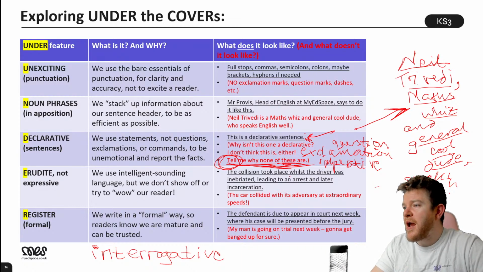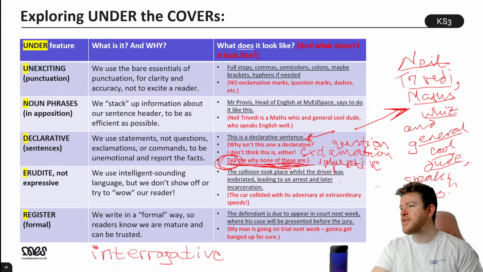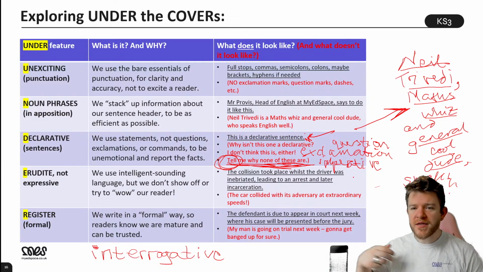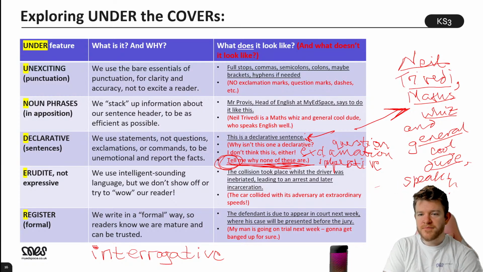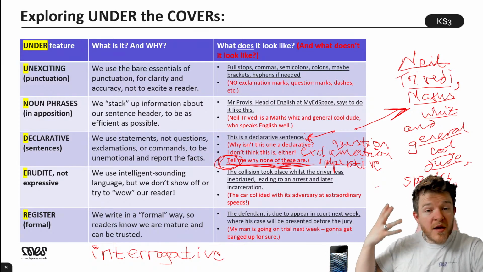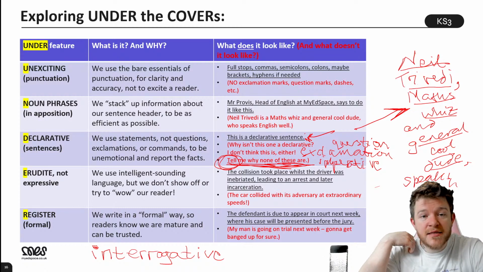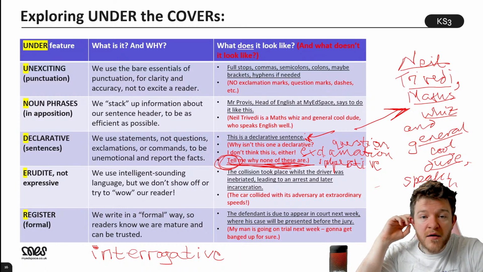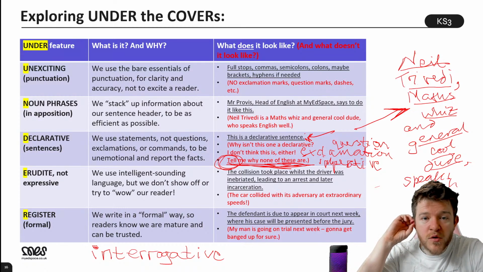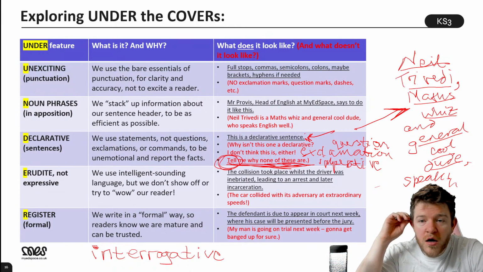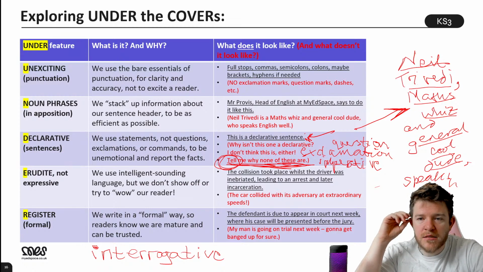Okay, so erudite, not expressive. If you look at my examples here, I've got an example of an erudite one and an expressive one. Can we point out what the difference is between those? My example of an erudite sentence is, the collision took place whilst the other driver was inebriated, leading to an arrest and later incarceration, compared with, the car collided with its adversary at extraordinary speeds.